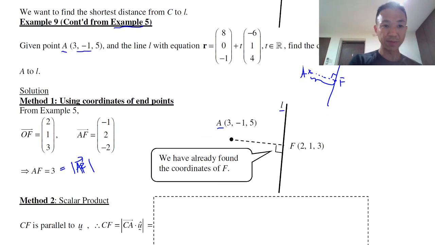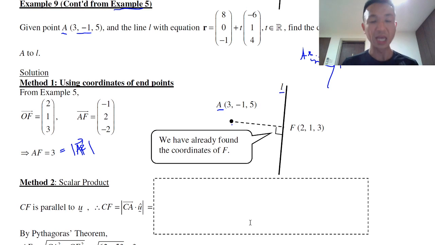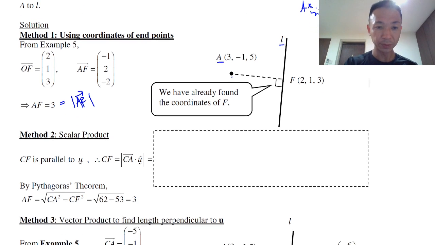Okay, back to the same problem. I still want to find the shortest distance from A to the line. Method 2, scalar product. How do I use scalar product?